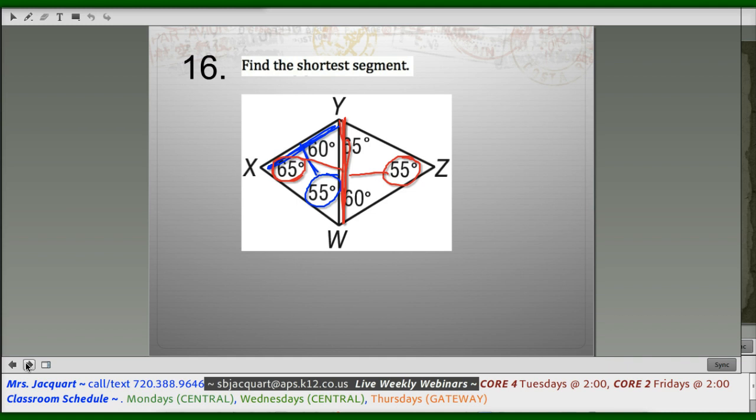And 65 on this triangle, on the yellow blocked out, 65 is the biggest side of that triangle. So therefore, XY is shortest. Oh, not C. That's funny. Shortest.